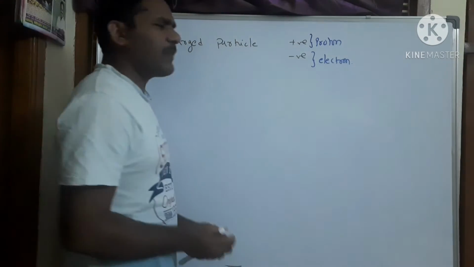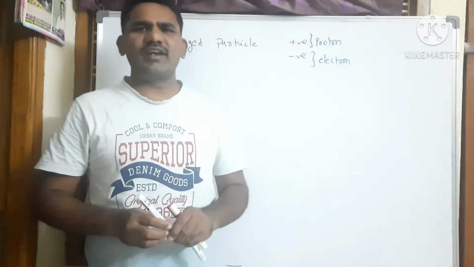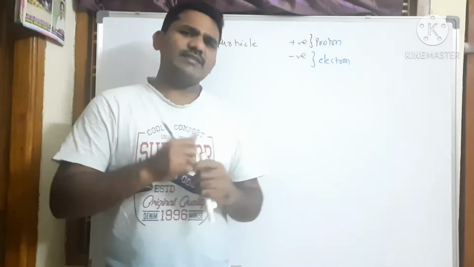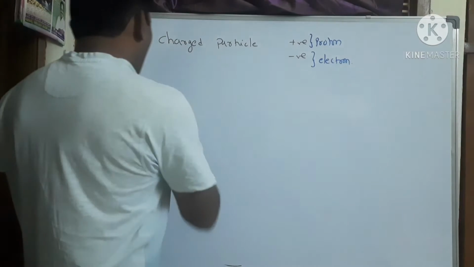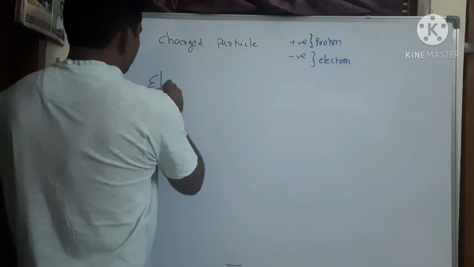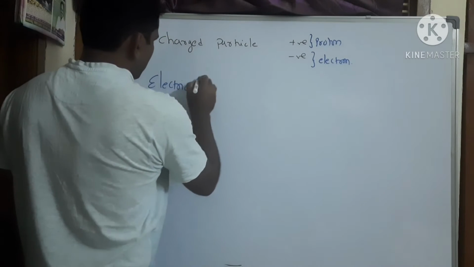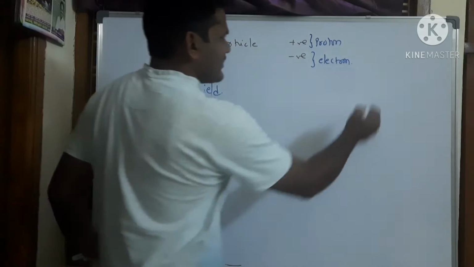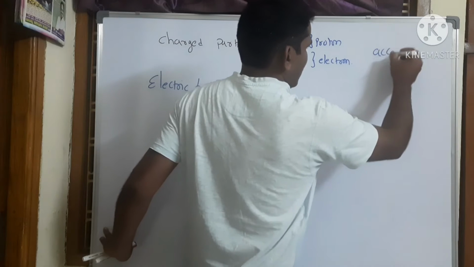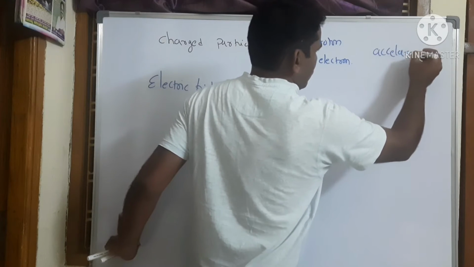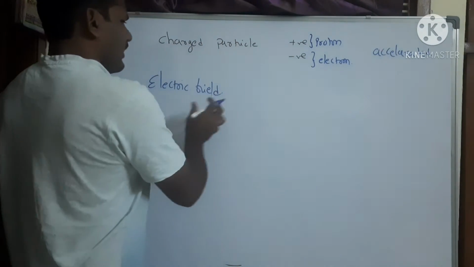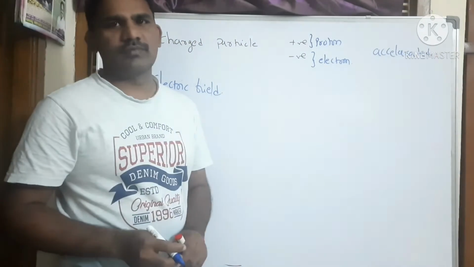When a charged particle is accelerated, which means when an external force is applied, it is observed that an electric field is produced. I repeat, when an external force is applied on this charged particle, an alternating electric field is produced.